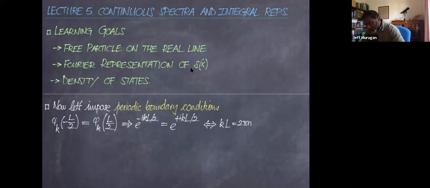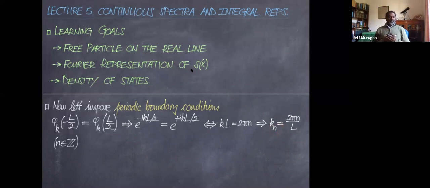So this imposes a constraint on the values that k can take to have periodic boundary conditions, right? Namely, that k must be of the form 2 pi n over L, where n here is now some integer that I'm going to use to label the k's.